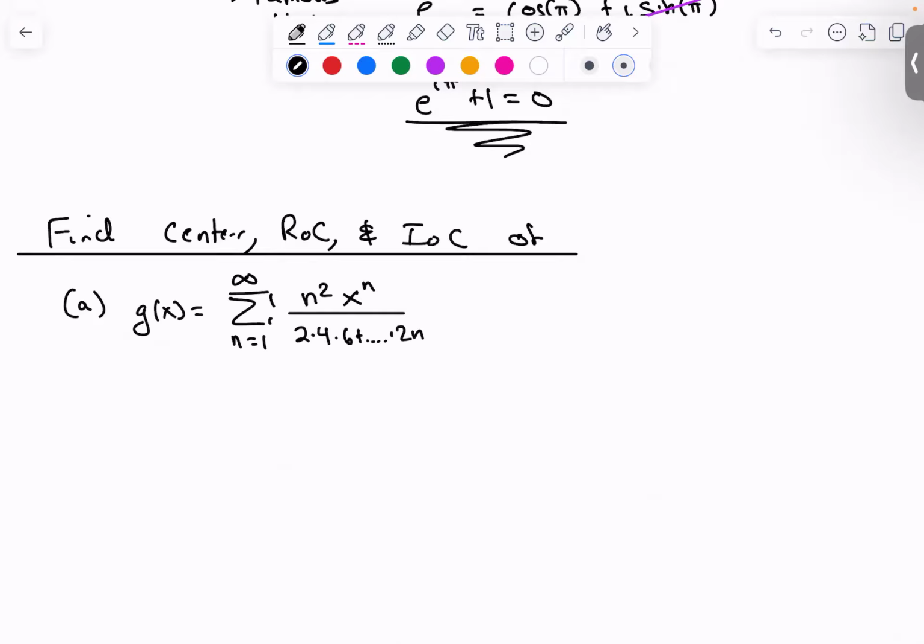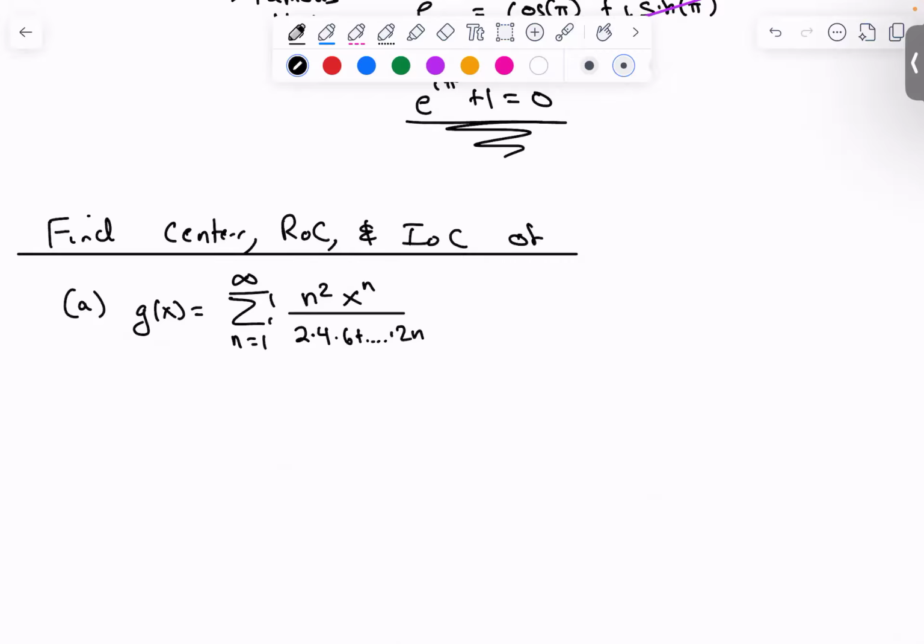He chose the hard one. Not really hard. It's just, and remember, that's not 2n factorial because that 2n factorial includes all the odd numbers as well. 2n factorial would be 2n times 2n minus 1 times 2n minus 2 times 2n minus 3 all the way down to 1. This is just all the even numbers.